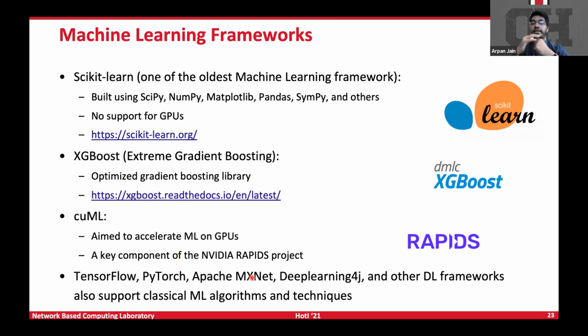However, they don't provide any inbuilt functionality, so you have to implement the machine learning algorithm from scratch. However, one advantage is that most of these deep learning frameworks are portable. If you implement the machine learning algorithm in these frameworks, you can easily run it on a CPU, GPU, or any kind of new architecture that is optimized for DNN training.